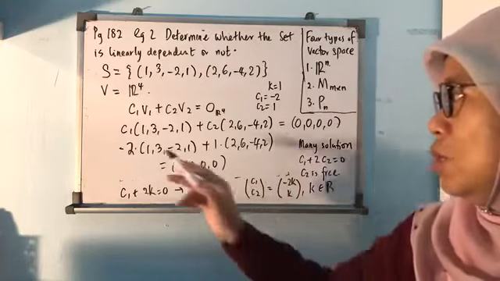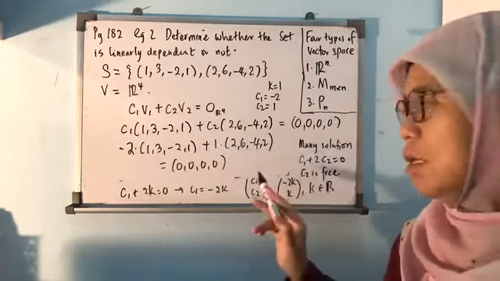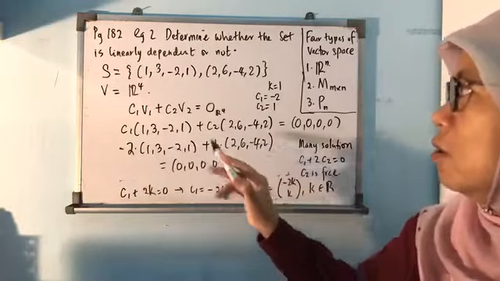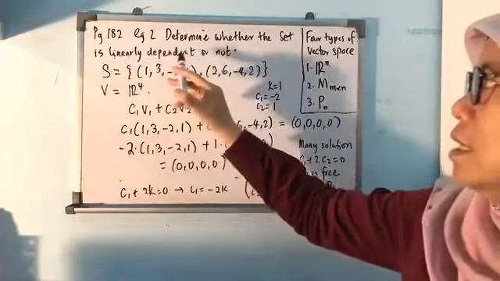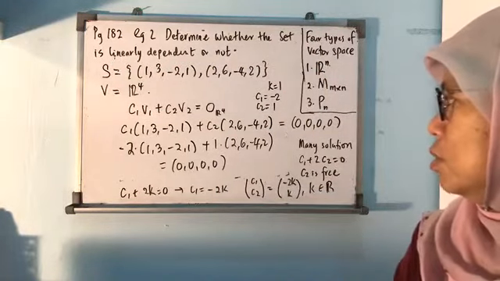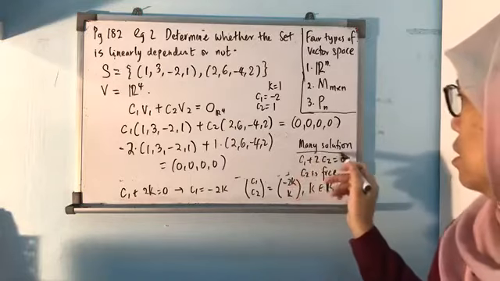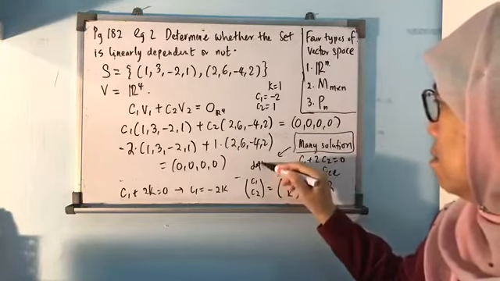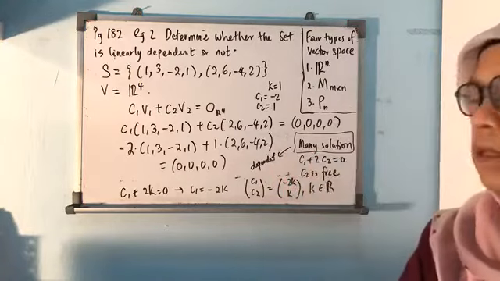But we want to see whether there are others. So in this case, this is not linearly independent, or it is linearly dependent, because not all C1, C2 equals 0, right? This is many solution. Many solutions means dependent. Okay, you remember this.